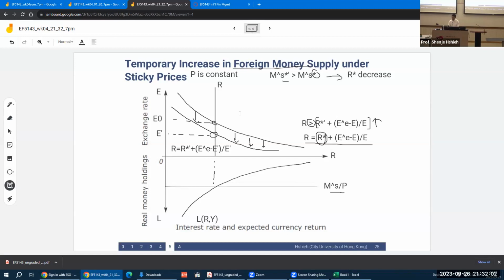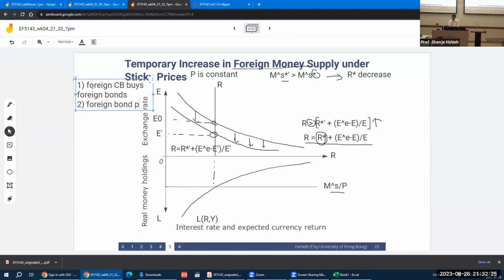But let's walk through the economics. So what happens? What we have is the foreign central bank buys foreign bonds.